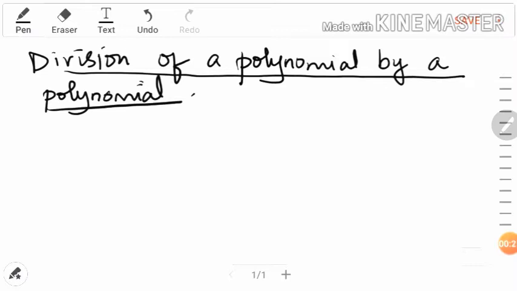The division of a polynomial by another polynomial is the same as the division process involved in numbers. For example, let's consider that we are dividing 25 by 3. Then we know that the remainder here will be 1. So we can write 25, which is called the dividend, and 3 is called the divisor.